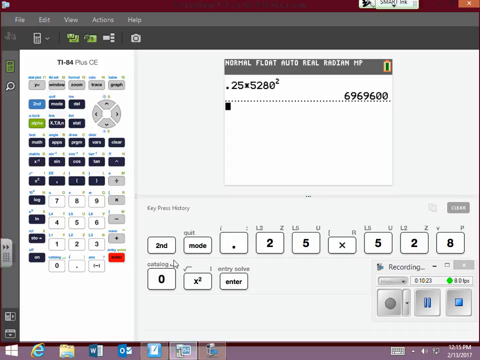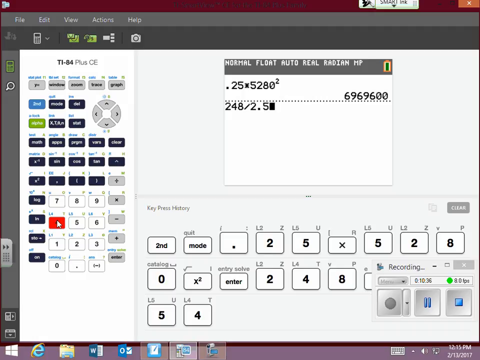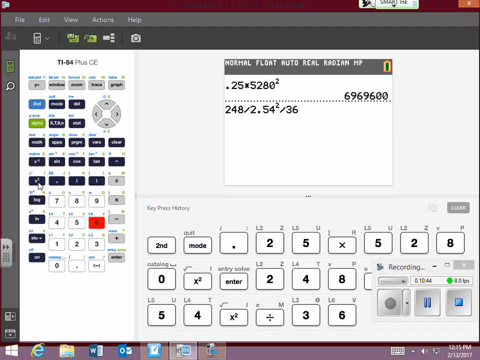What's this? 248 divided by 2.54 squared, divided by 36 squared. That's 0.0297.